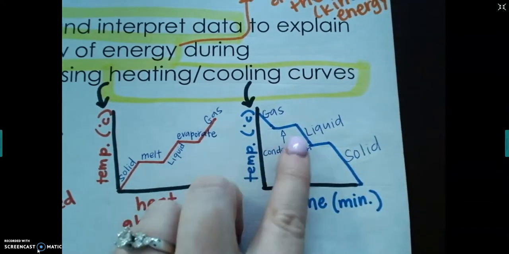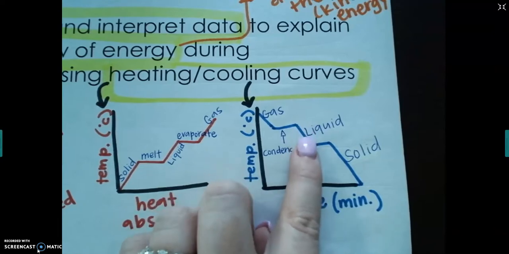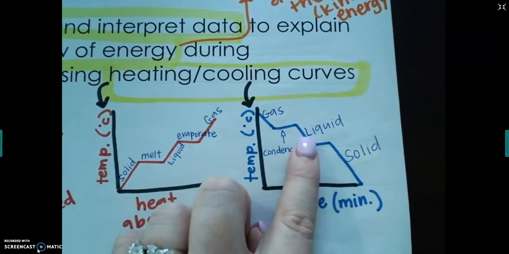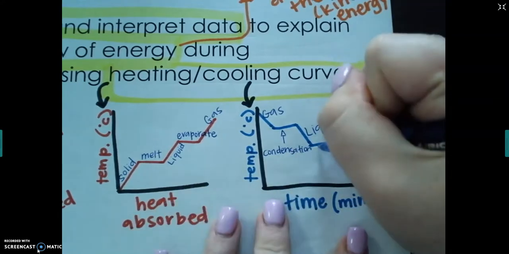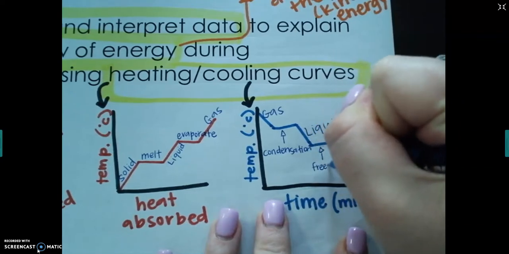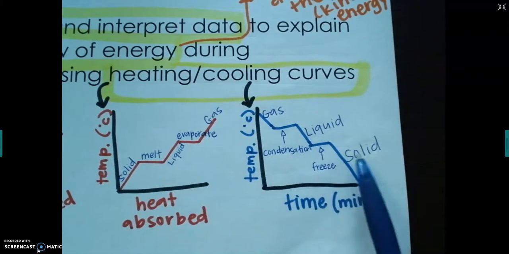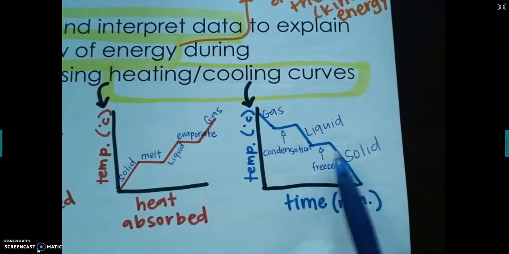And then if I'm looking at my liquid, say that I have a liquid form of water and I want it to cool down in order to turn into an ice cube, I know that it needs to freeze. So as it changes from a liquid to a solid, that's going to be the freezing point.